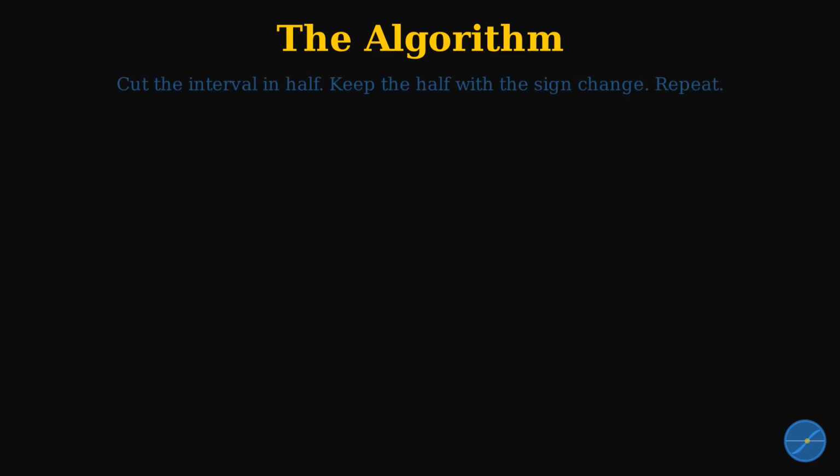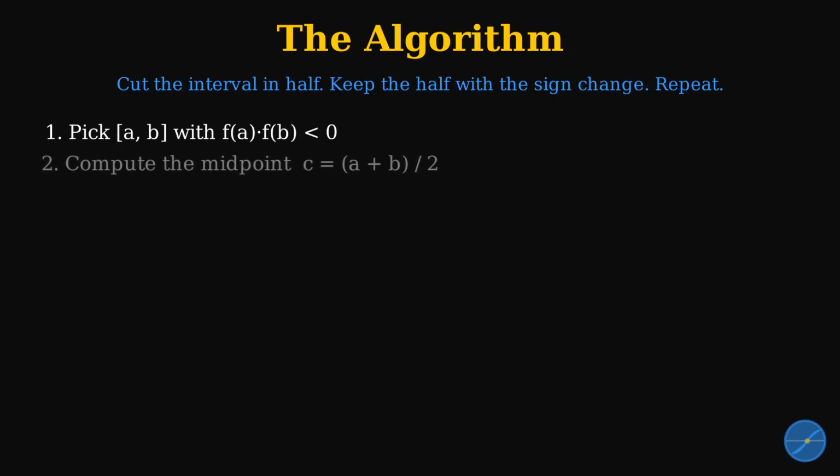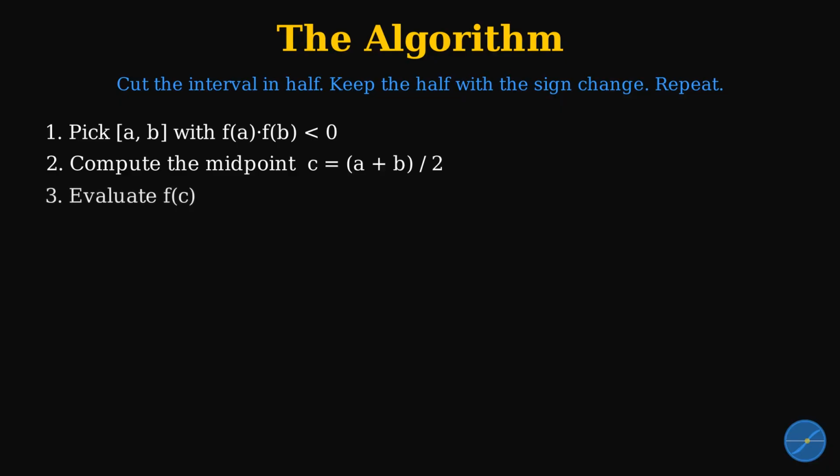So here's the algorithm itself. Cut the interval in half, keep the half that still has the sign change, and repeat. Step 1 is pick a starting interval where the signs differ. In step 2, compute the midpoint c, the average of a and b. Then in step 3, evaluate the function at that point c.